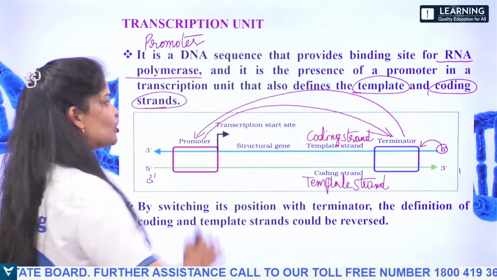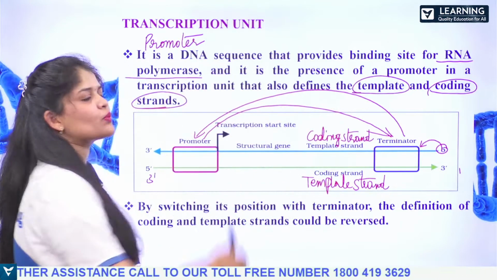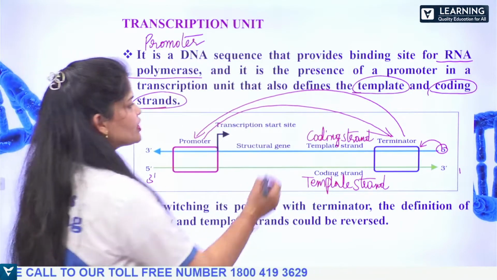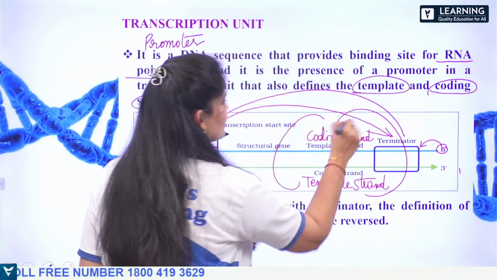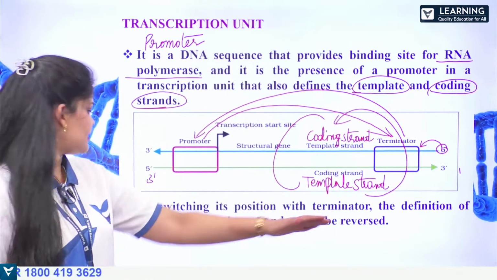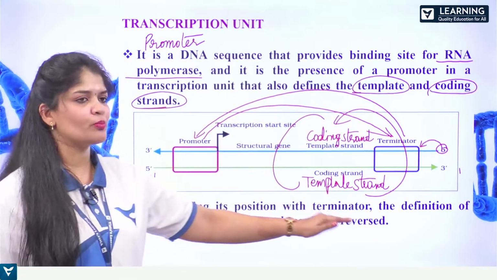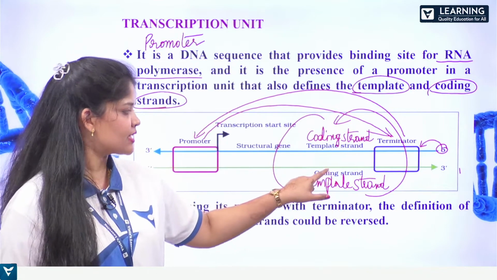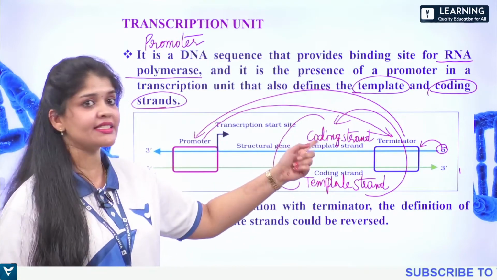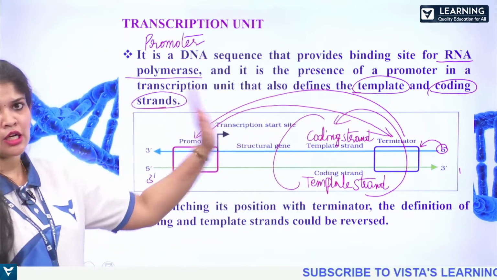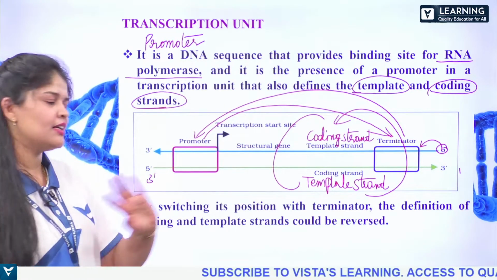So if you switch the position of the promoter with the terminator, there will be a switching over of the strands also. That is the point. Simple. Whatever the coding strand was now becomes the template strand, and whatever the template strand was now becomes the coding strand, if you exchange the position of the promoter and terminator.